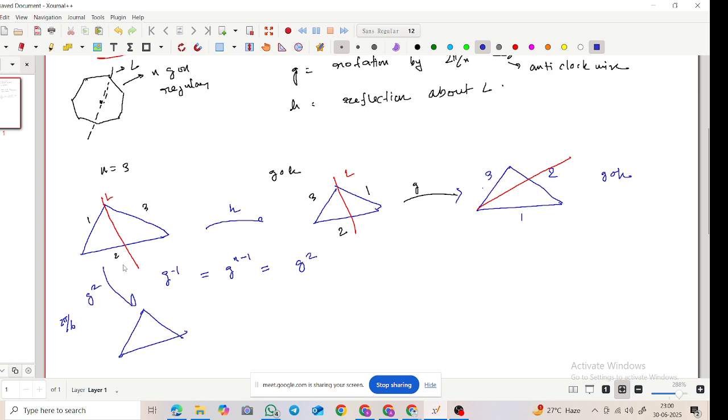So 3 will be here first, then there. 3 here. And similarly 2 here and 1 here, right? Okay. Now let's apply H inverse. No, sorry, H.